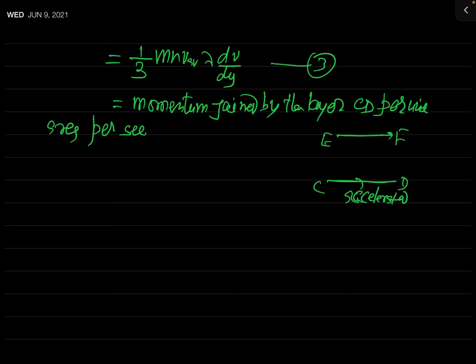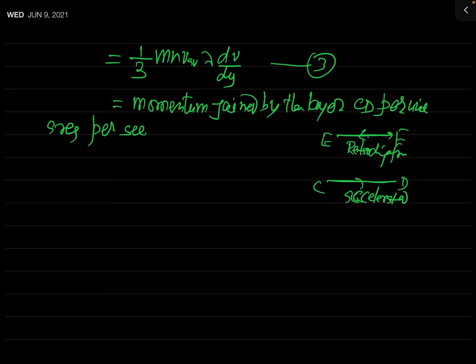And as the momentum is lost by EF, it experiences a retarding force. In other words, EF will accelerate CD and CD will decelerate or retard EF. Actually, that retarding force and accelerating force are equal in magnitude but opposite in direction.